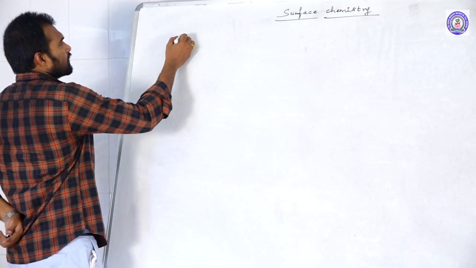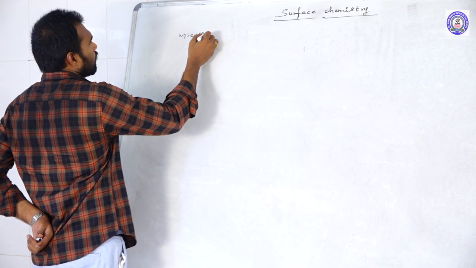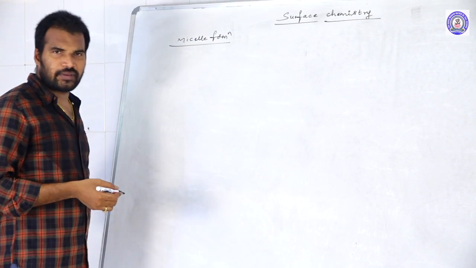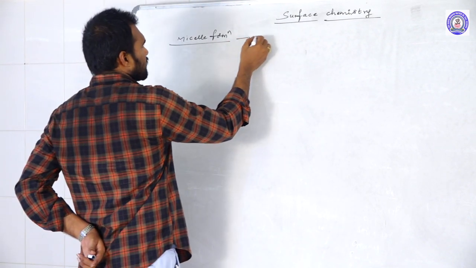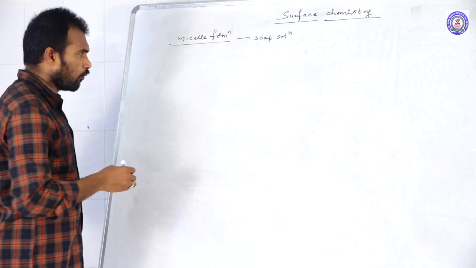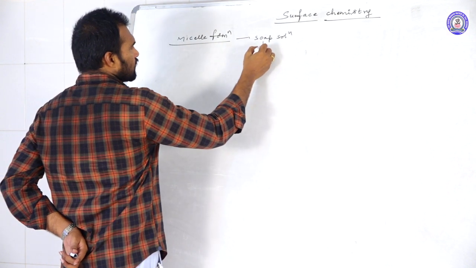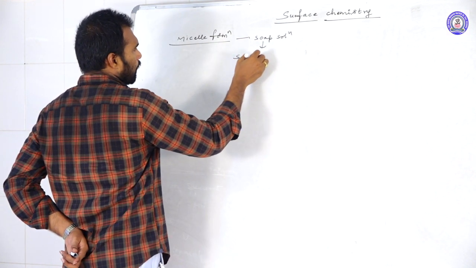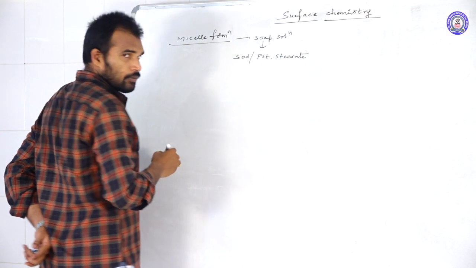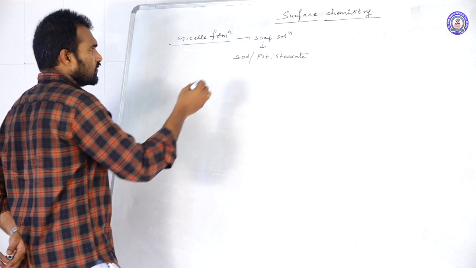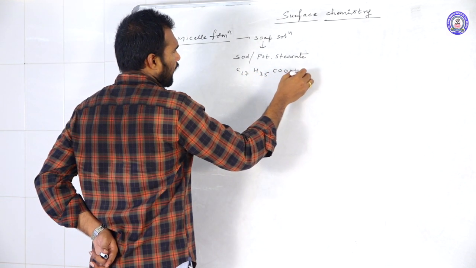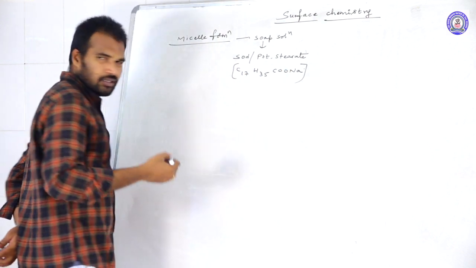Okay, if you see the micelle formation, micelles are generally formed by soap solution. Best example, soap solution. Soap is nothing but sodium or potassium stearate, C17H35COONa.